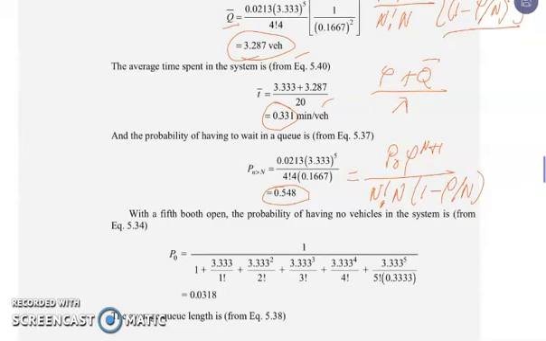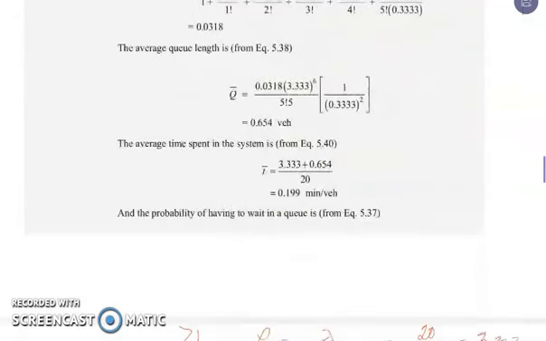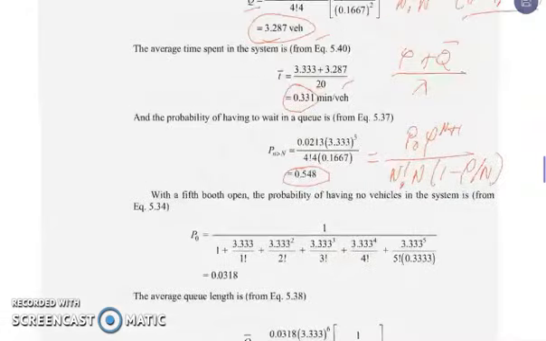Now the second question is, what will be the probability of waiting in a queue if a fifth toll booth were opened? If the fifth toll booth were opened, we are going to compute again our P sub 0, our average time spent, and the probability of having to wait in a queue.